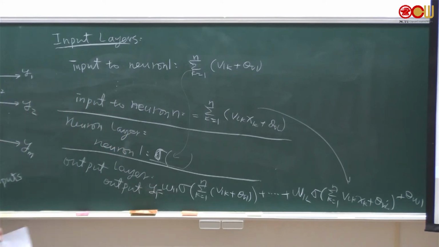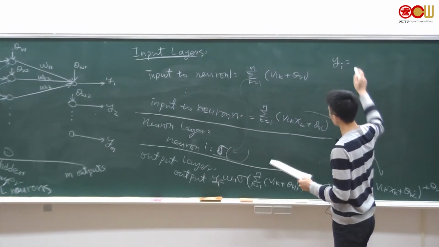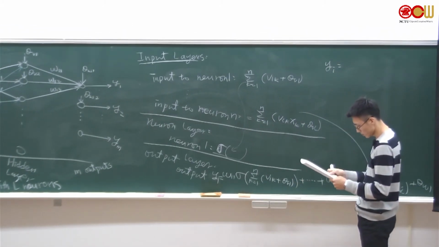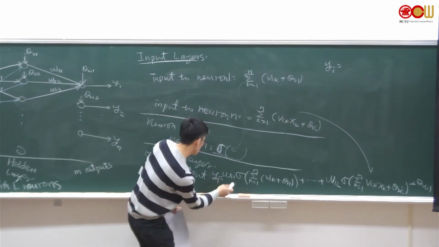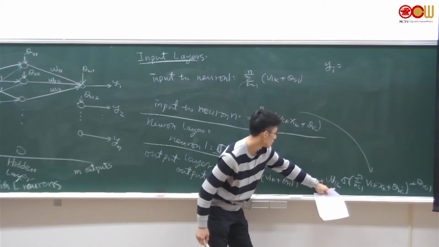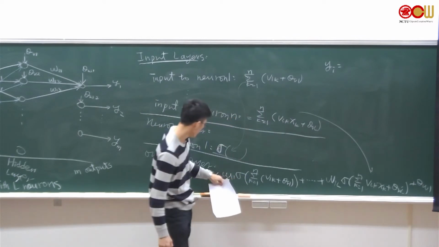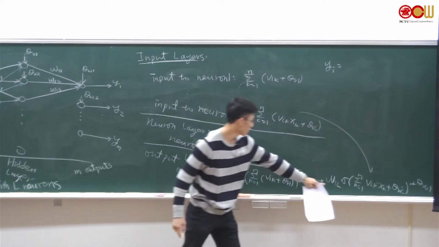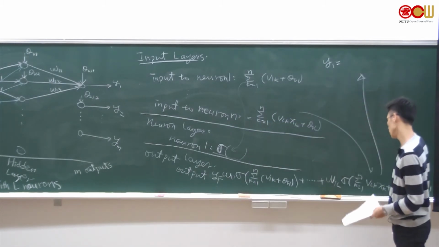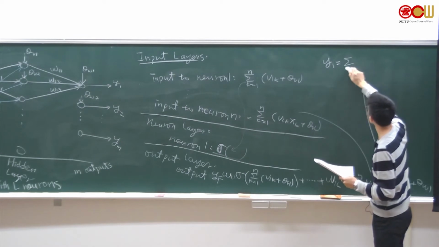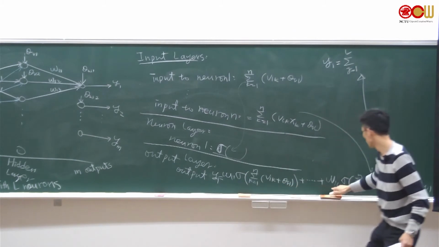y1 is equal to this. For yi, it narrows down to what? You see 1 here, and here is subindex 1, 1, 1. So for yi, you can replace this one by i, this one by i, this one by i. yi is equal to the summation of j from 1 to L, because here there is one term until L terms.